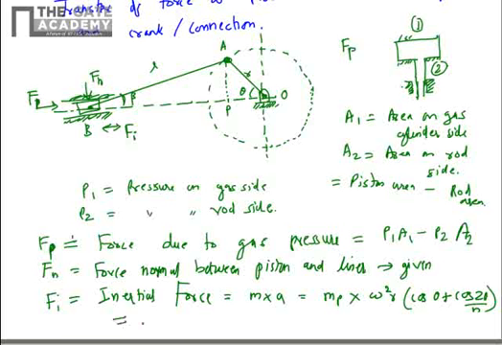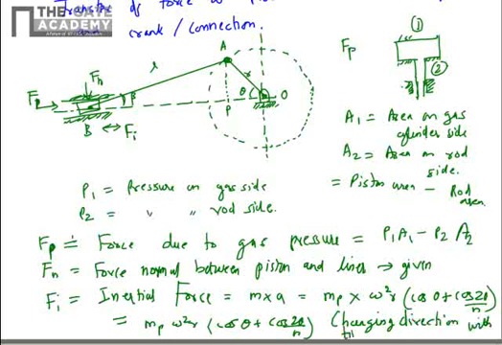So the inertial force will be mp omega square r times cos theta plus cos 2 theta by n. This we can determine from angle theta. It will be changing direction with time. So it's a reciprocating mass inertial force. How it is changing direction we'll see in the next slide.